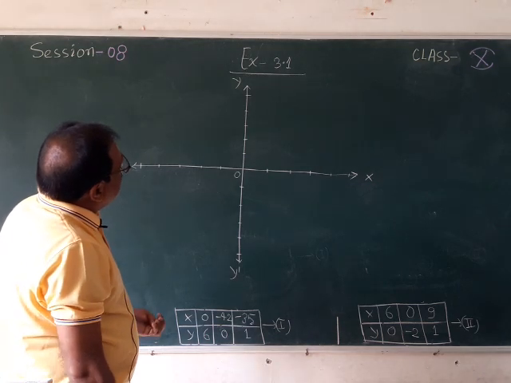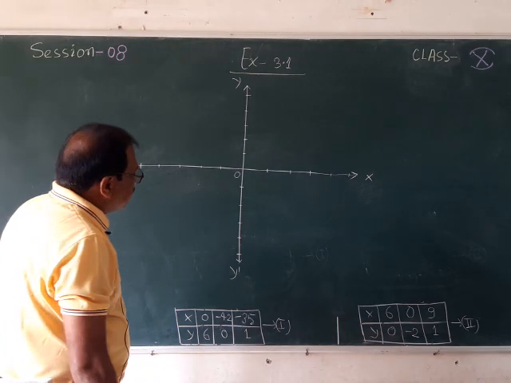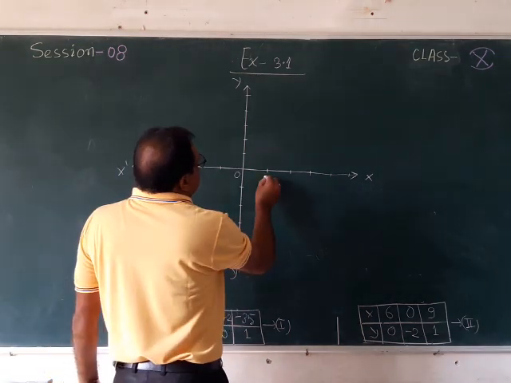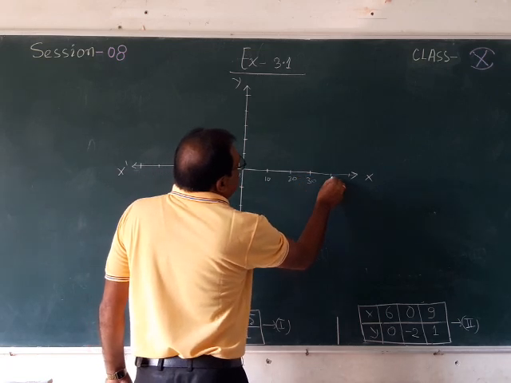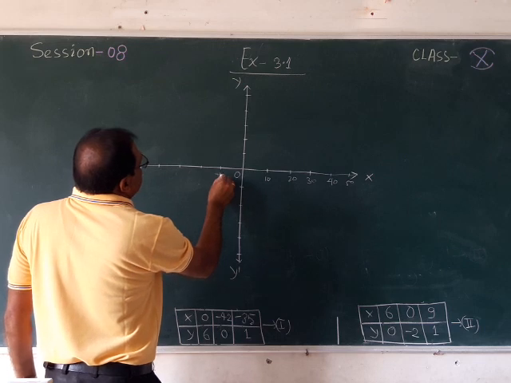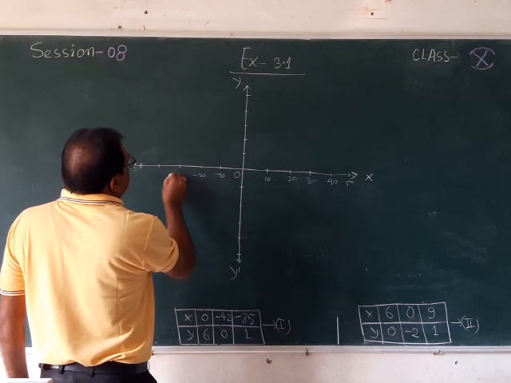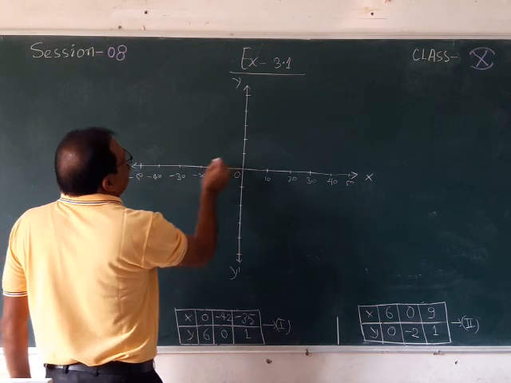Here I am considering a graph sheet with 10 divisions. So here I can write 10, 20, 30, 40 and 50. This side also I am writing minus 10, minus 20, minus 30, minus 40 and minus 50.